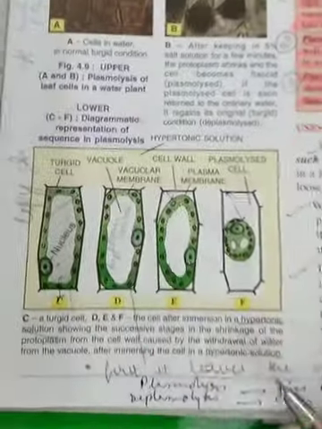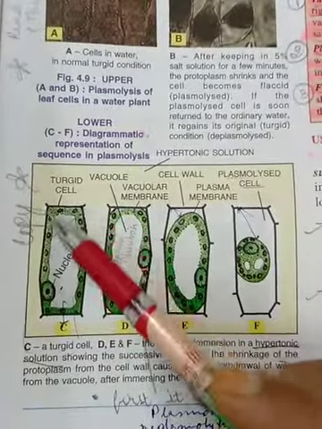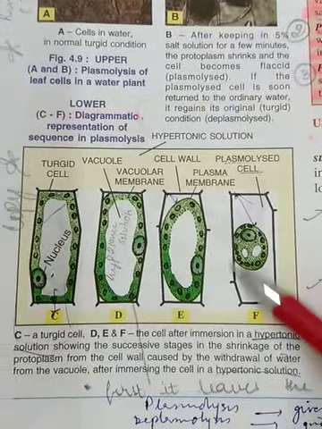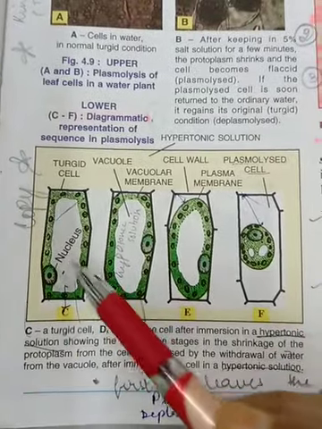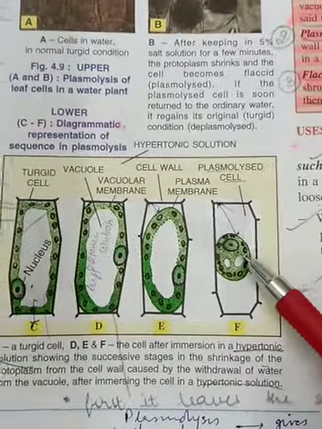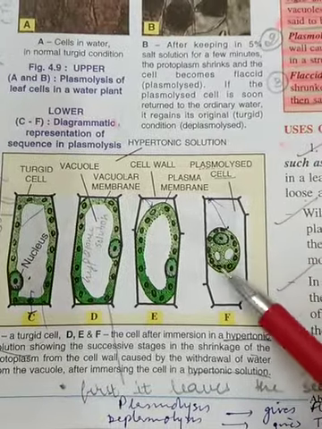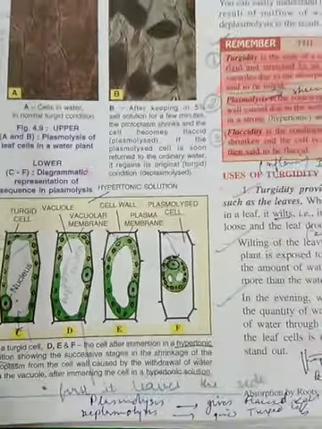This is the turgid cell, whereas this one, when the entire water has been drawn out from the vacuole to the outside, look at what happens to the cell membrane. This will be a flaccid cell because of the shrunken condition.